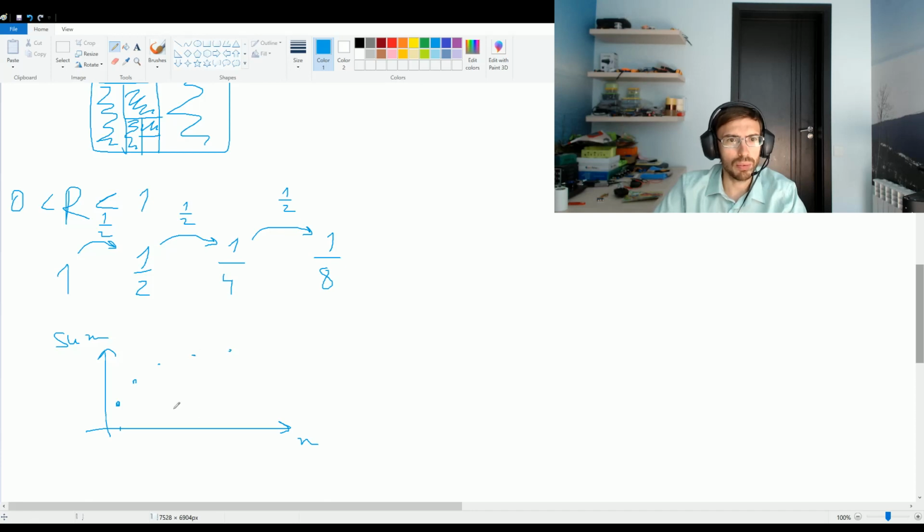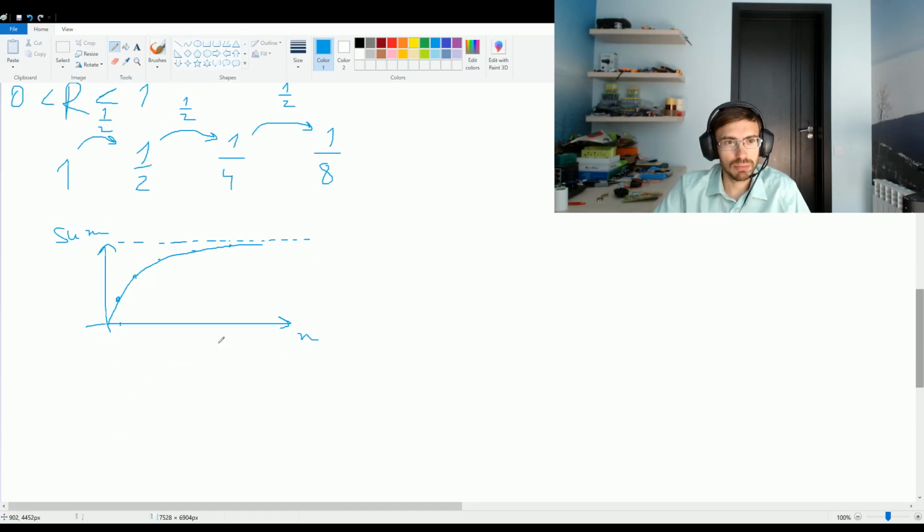Then we add 1/16, and so on. So the sum will grow like that, smaller and smaller, since each next member will be twice smaller than the previous. So there will be a horizontal asymptote that this sum will never reach. And that will be the upper limit of the sum even at infinity.